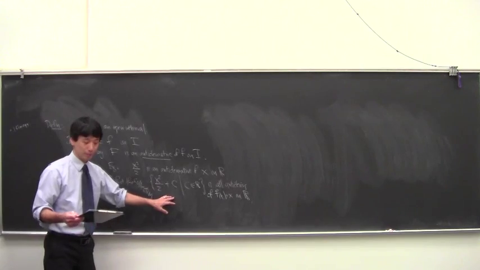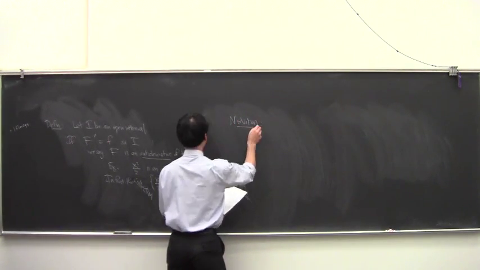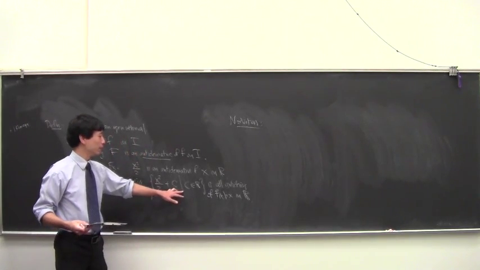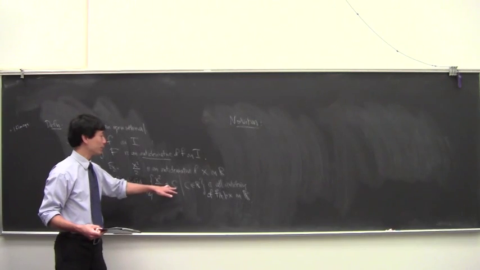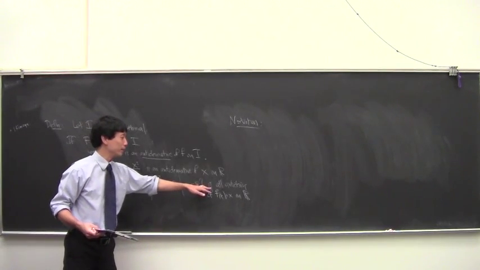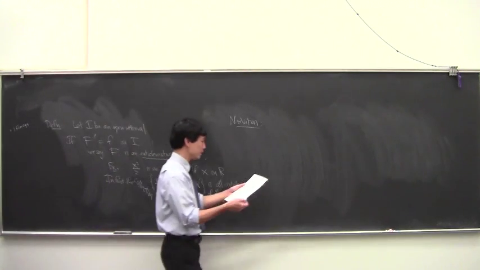Okay. So there's some notation. It's sort of a pain to write this sort of thing. This set, x squared over 2 plus c where c is in R, is the set of all antiderivatives of some function. So there's a simpler notation.